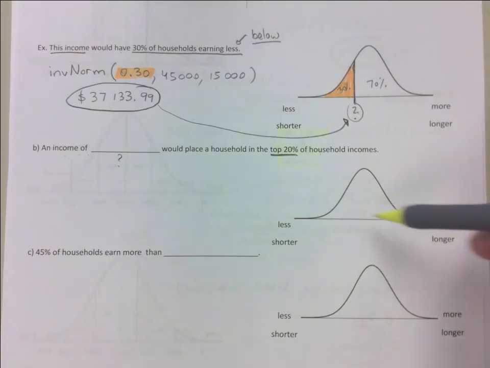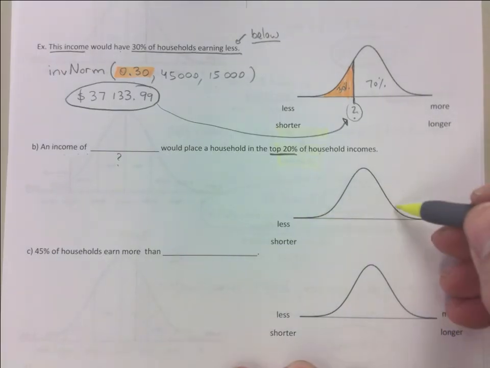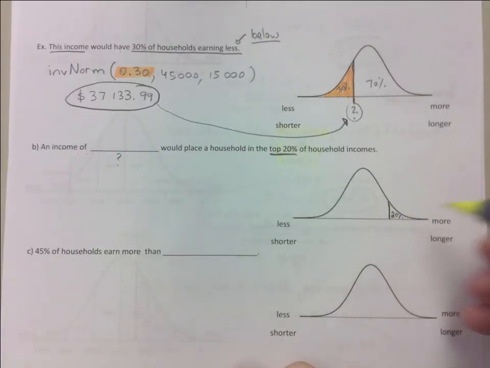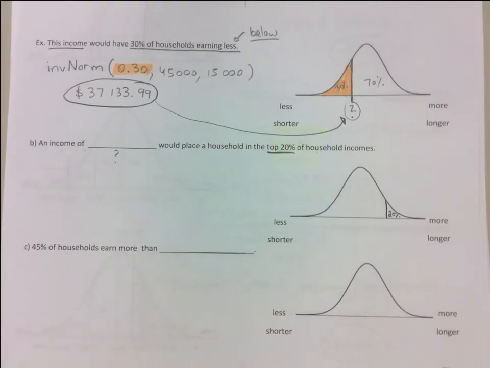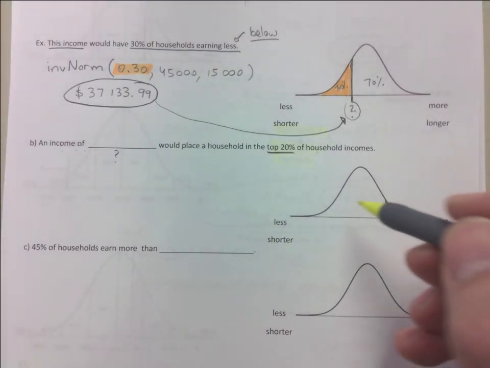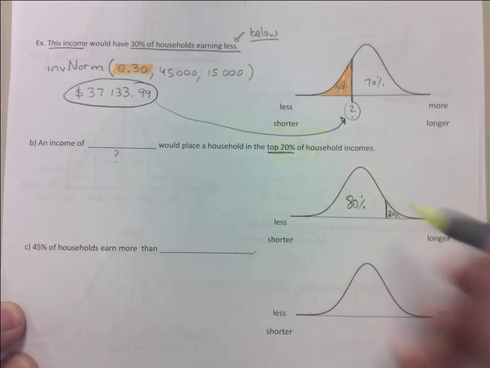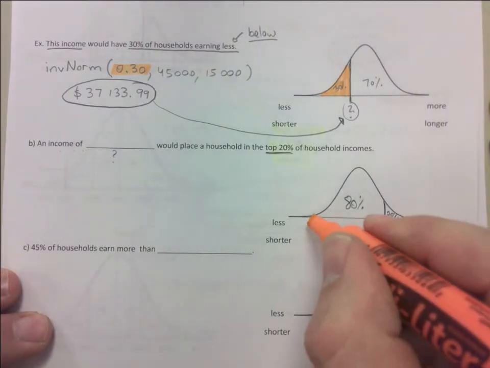Top is here. This would be bottom 20%. So 20% is right here. Do we care about the 20%? Can we feed that into inverse norm? No. If this is 20, then what is this? This whole chunk here. 80. Yes. That is the one we care about.